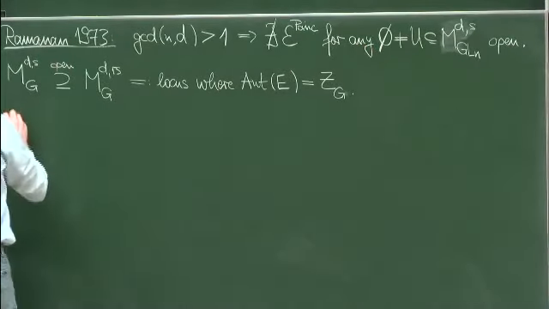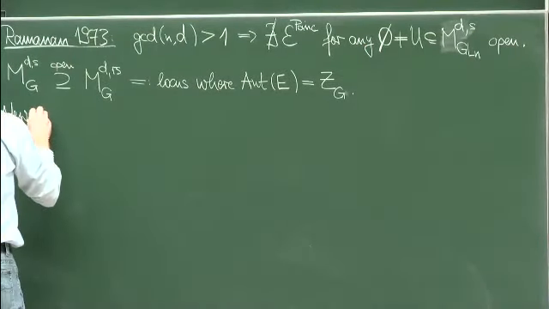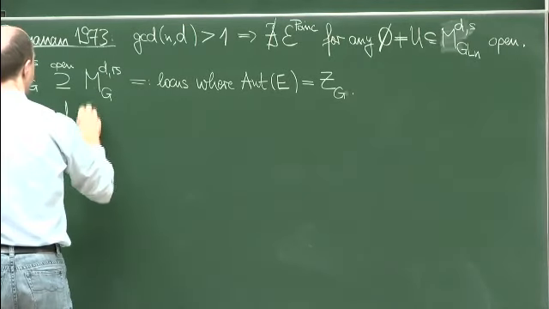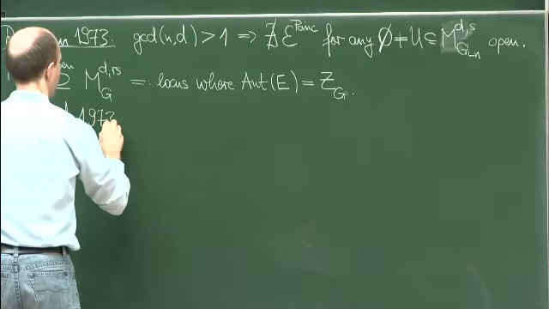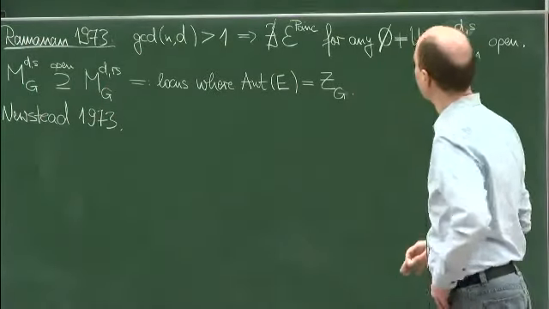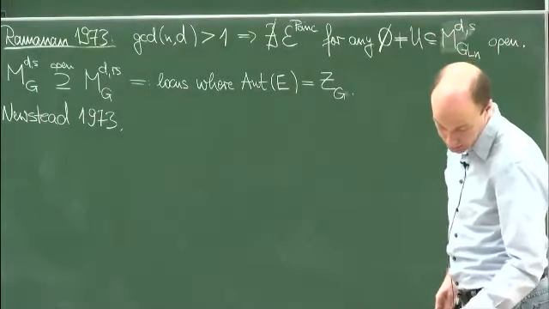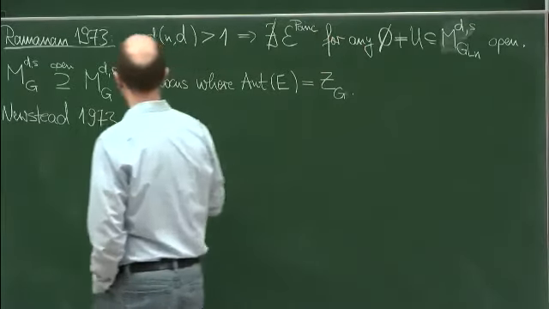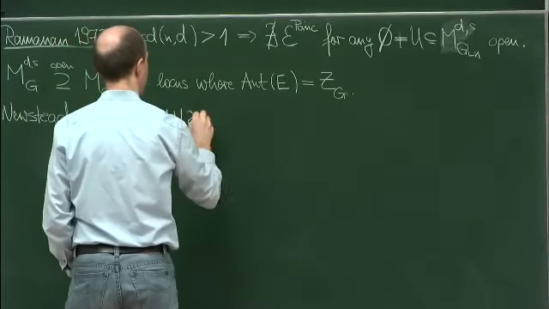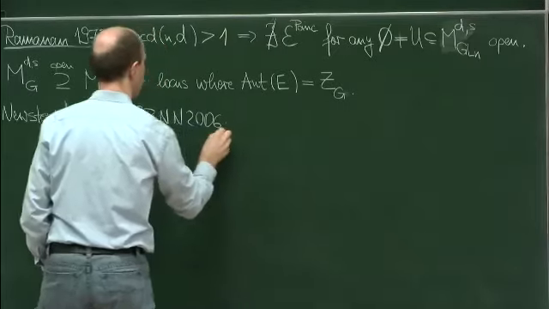And there was, even a bit earlier than Ramanan, a result of Newstead, 1973, about the question of existence of Poincare vector bundles, and it was generalized in a paper by Balaji, Biswas, Nagaraj, and Newstead in 2006 to principal bundles.